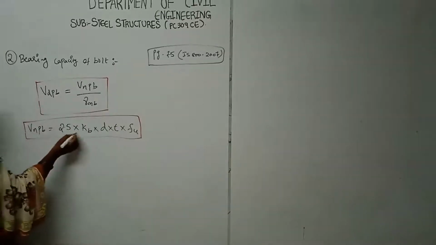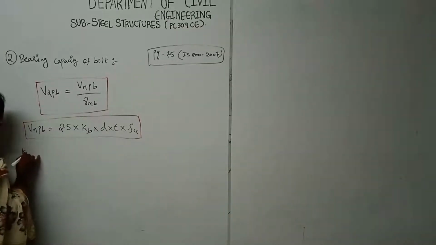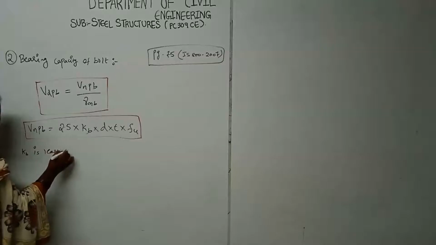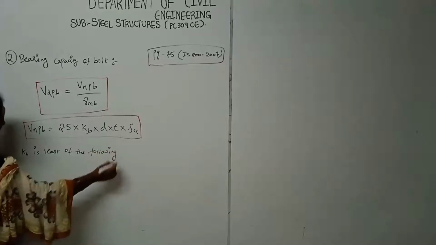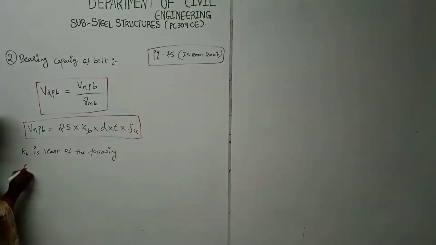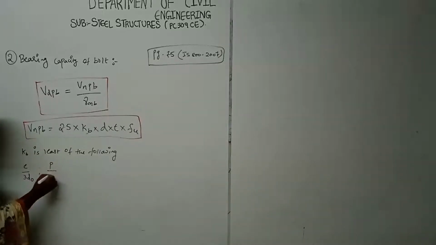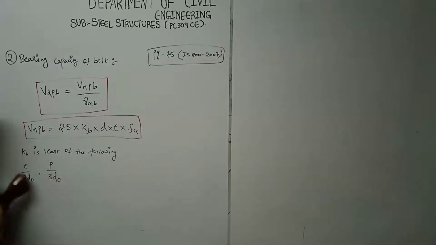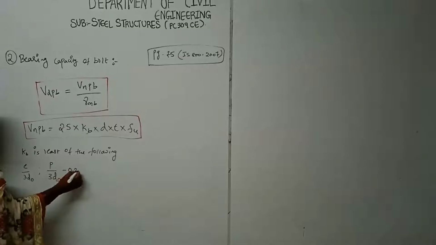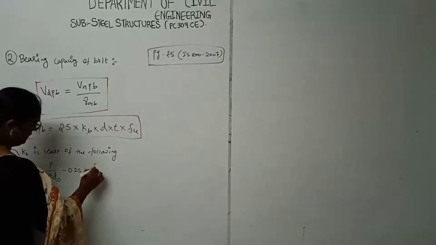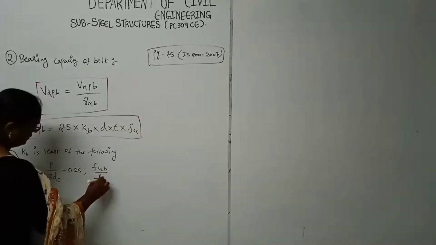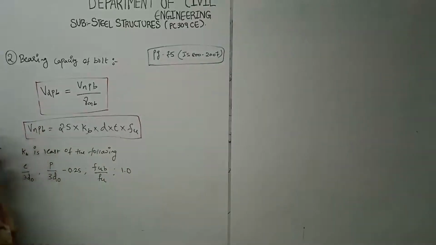So right now, what is actually K_b? K_b should be the least of the following: e by 3d_0, p by 3d_0 minus 0.25, f_ub by f_u, and 1.0.